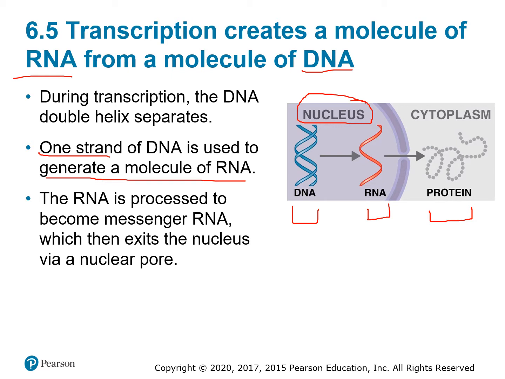And then in a eukaryote especially, the RNA is processed to become messenger RNA. And that messenger RNA is going to exit the nucleus via a nuclear pore, and then it will be ready to provide the information for the ribosome on how to make the protein.